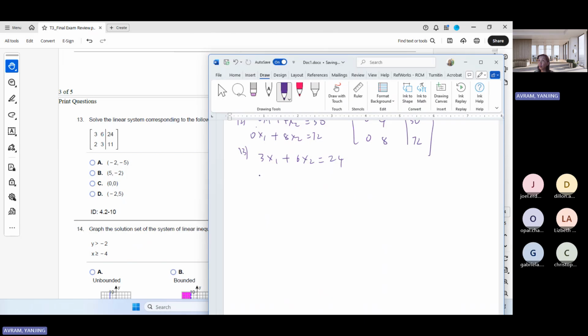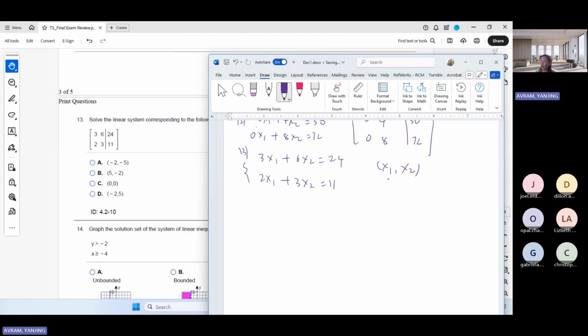And then the second one will be 2x1 plus 3x2 equal to 11. So you're going to basically solve for x1 and x2, just like the systems we solved earlier, okay?